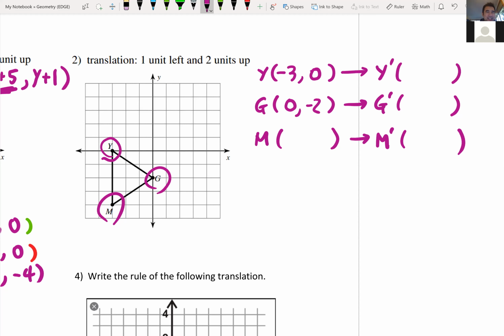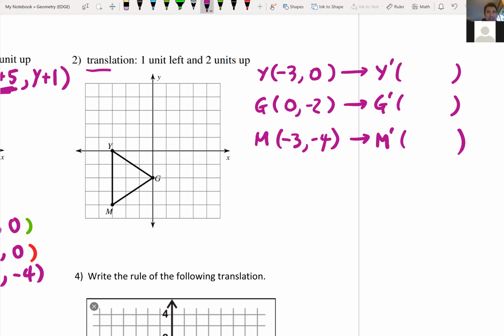Will you check and see if you have the coordinates correct? If you have the original coordinates wrong, then your answer is going to be wrong too, right? So make sure you have that correctly. And then the m is going to be -3, -4. So these are the coordinates.